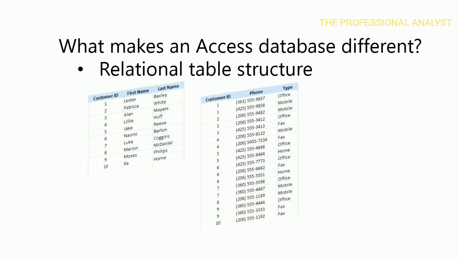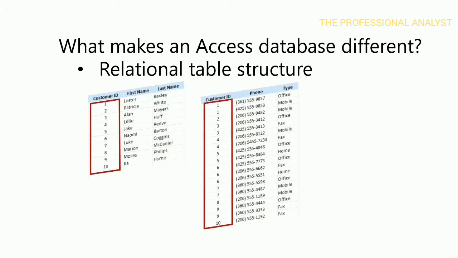For example, you can see that Lester's key value is shared with 2 phone numbers, and that makes those phone numbers his. You can also see that Naomi Barton has her key values shared 3 times, and so those phone numbers belong to her. So now you need to learn a couple more terms. You can see the key values originate in this field, and they're shared in this field.